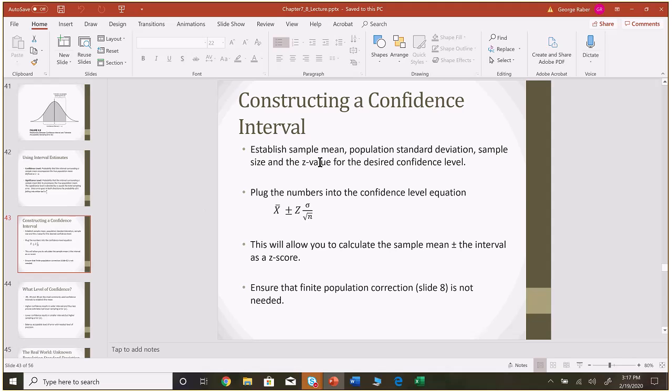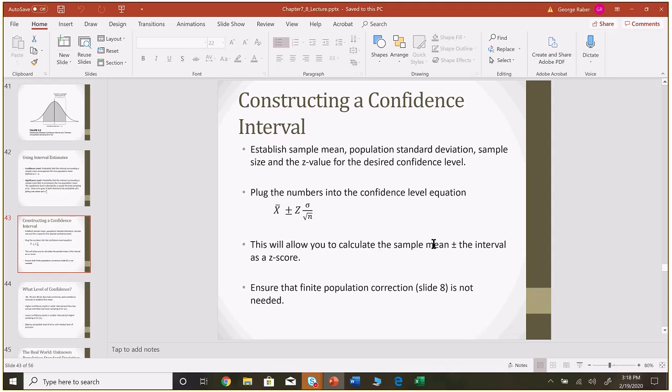So the confidence interval is just calculated as z. That's the way it's calculated. The distance away on the standard distribution times, what you're doing is you're just scaling it up to your distribution times the standard error, which is the standard deviation divided by the square root of the number of samples.